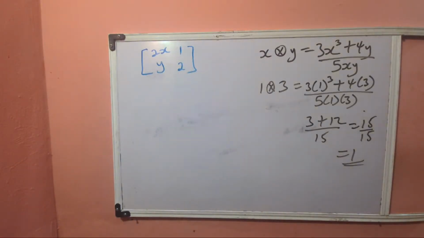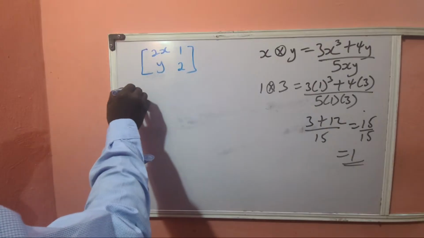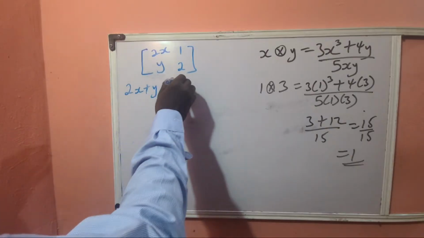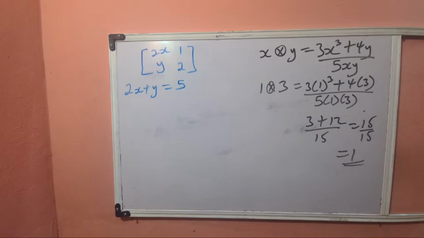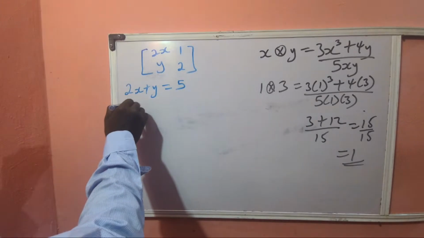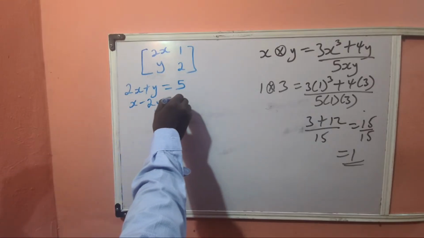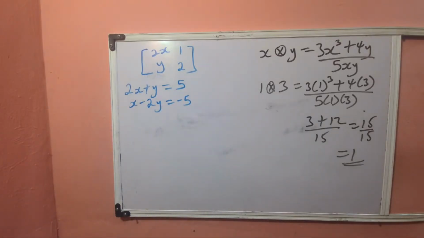We're then given this equation, 2x plus y is equal to 5, and x minus 2y is equal to minus 5. So look at the question. They said find, and this question carried about 5 marks. The whole question was 5 marks, and there is still a second question to it.